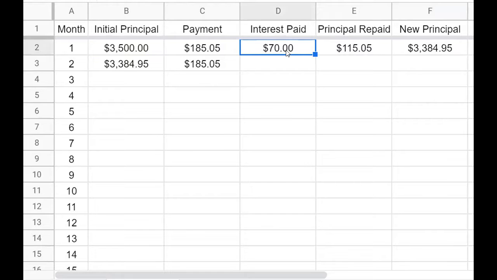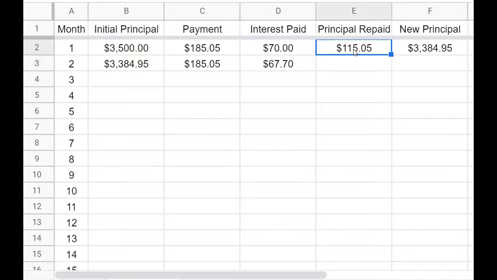Well, once again, she's going to pay 2% of the money that she owes to the bank, but right now she owes less money to the bank. So that means that she's only going to pay $67.70 this month to thank the bank for the amount of money that they've lent her.